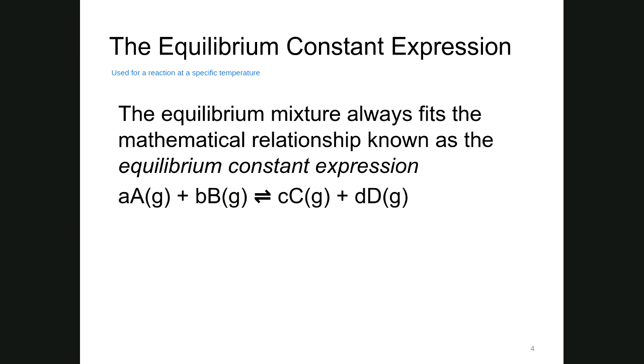So how do we write an equilibrium constant expression? Where does this equilibrium constant even come from? Let's say we have this generic chemical equation where the lowercase letters represent our coefficients and the uppercase letters represent our compounds or elements. Now, the equilibrium constant is a capital K. This is easy to get confused with.